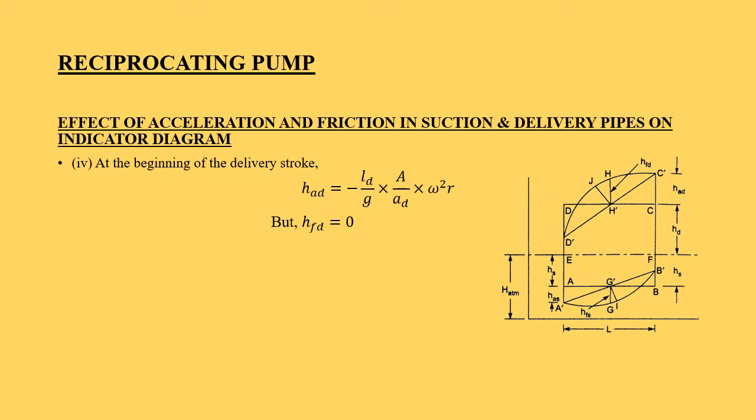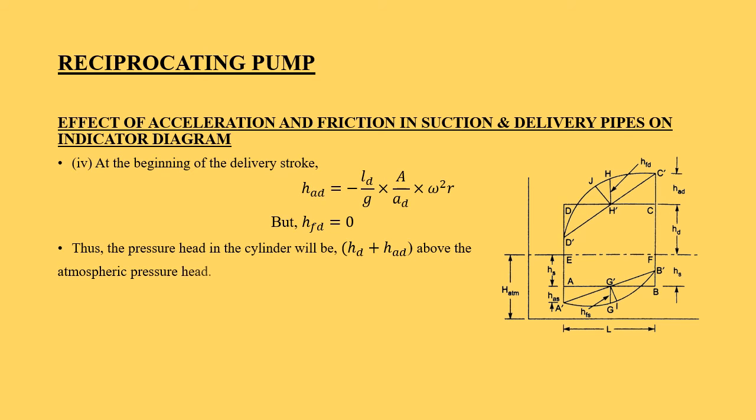But HFD, that is the head lost due to the friction in the delivery pipe, is 0. So, the pressure head in the cylinder will be HD plus HAD, which is above the atmospheric pressure head.